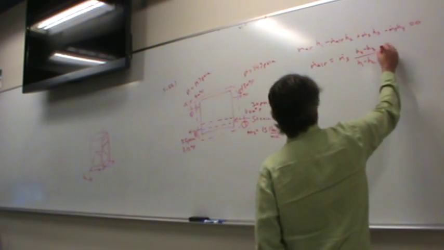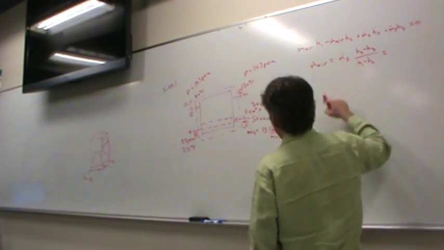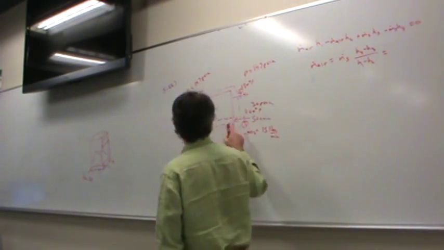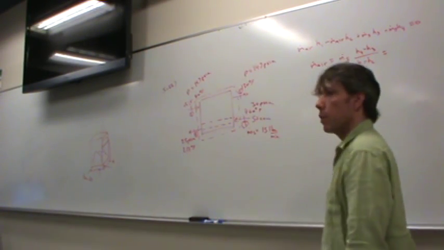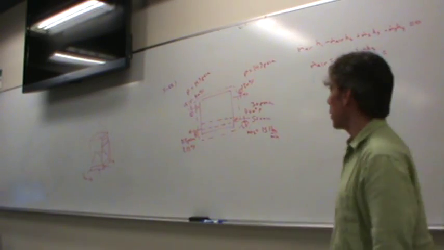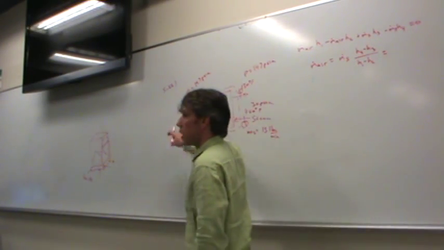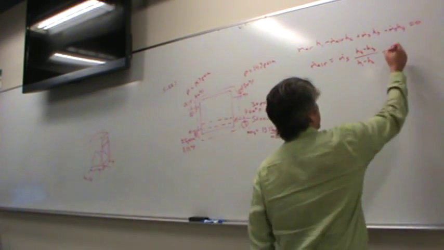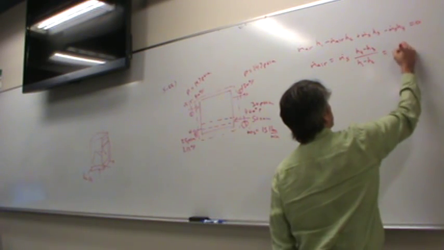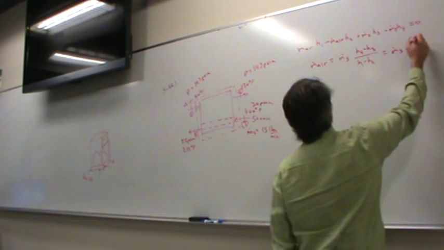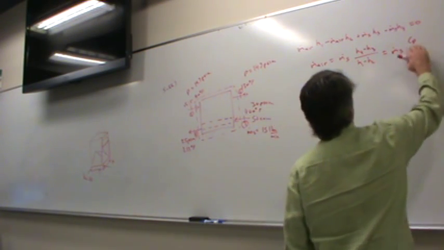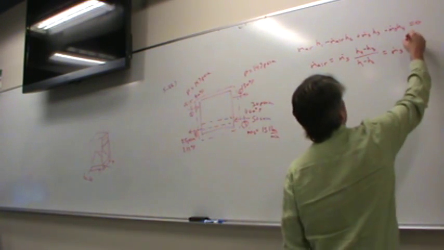Now, H3 and H4 are associated with the steam. How do you think I'm going to find H3 and H4? Go back to the book and look it up. How about the enthalpy change of the air? CP delta T, that's right. So we're going to use m dot steam multiplied by the heat capacity of the air, over CP.